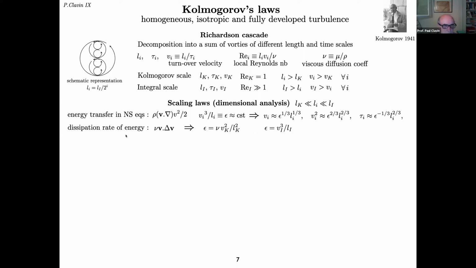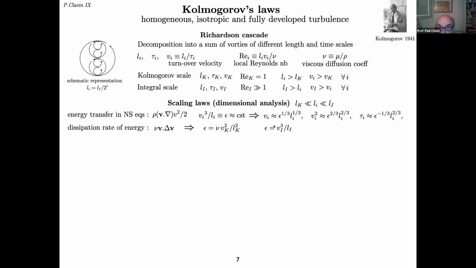In terms of my dissipation range, this can be explained in terms of the Laplacian of the velocity, which is nu v squared divided by L, length k square.